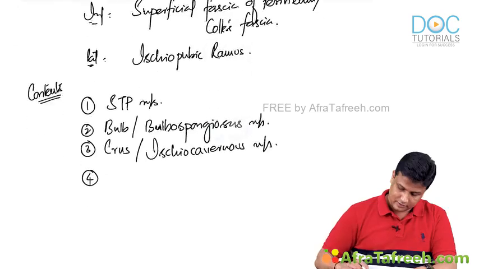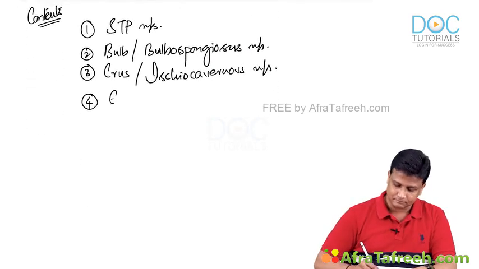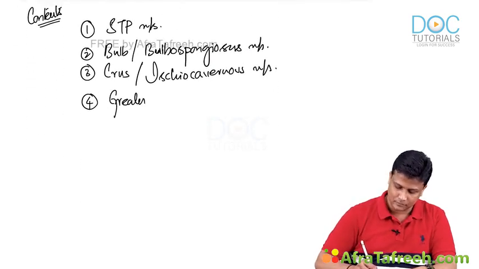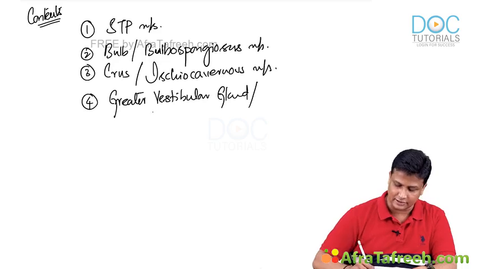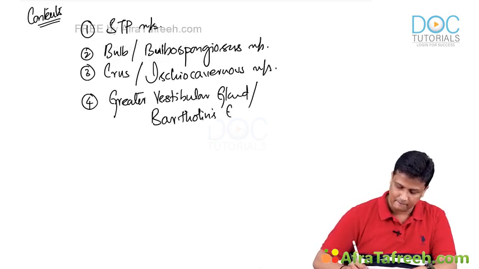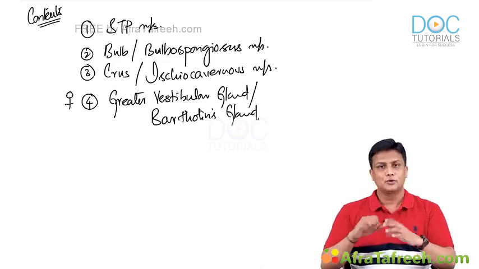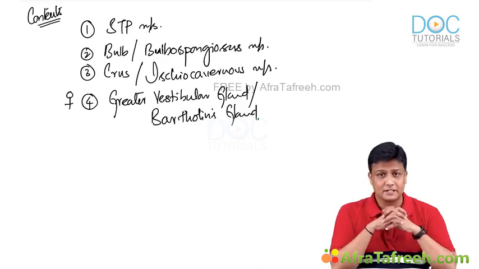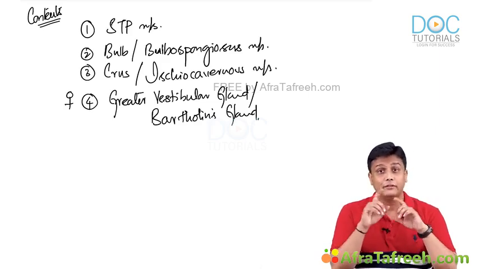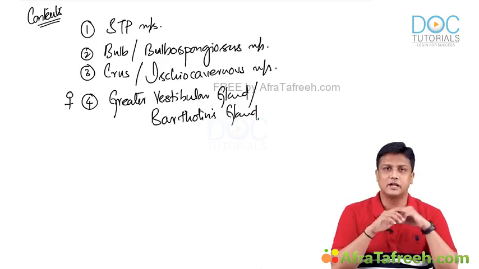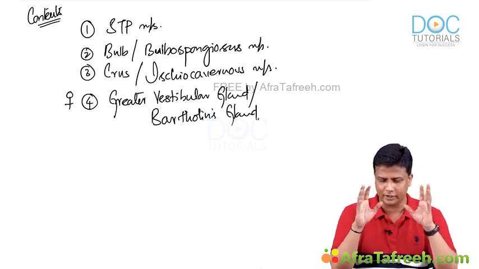So let us write down here, greater vestibular gland, or else, very famously, this gland is also referred to as the Bartholin's gland. But importantly, it is present only in females, not in males. So Bartholin's gland in the female is present in the superficial perineal pouch, whereas Cowper's gland in the male will be present in the deep perineal pouch. Keep that point in mind.